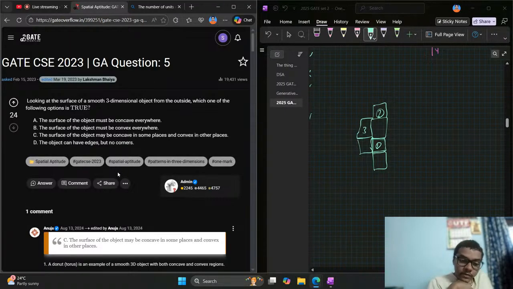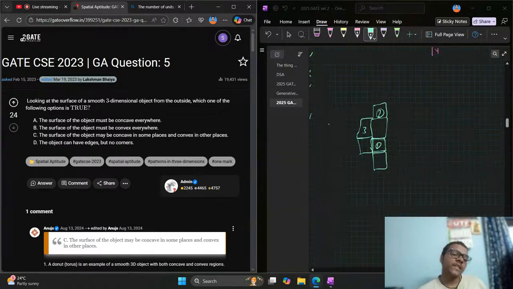Looking at the surface of a smooth three-dimensional object from the outside, which one of the following could be true? Smooth three-dimensional object. The surface of the object must be concave everywhere.